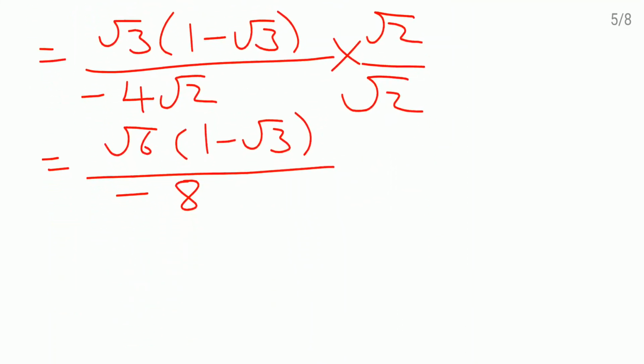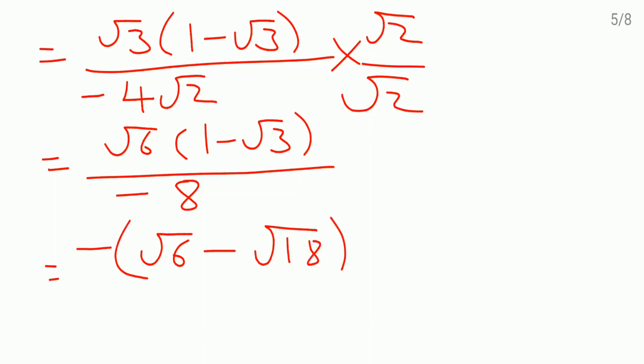I don't want this negative sign at the denominator. I'll send it at the numerator. And another thing, root 6 into 1, I'll multiply this one. So it will come as root 6. Okay, root 6. And then root 6 into root 3, it is root 18. And I said this negative sign I will send at the numerator side here at this place. And this 8 as it is.